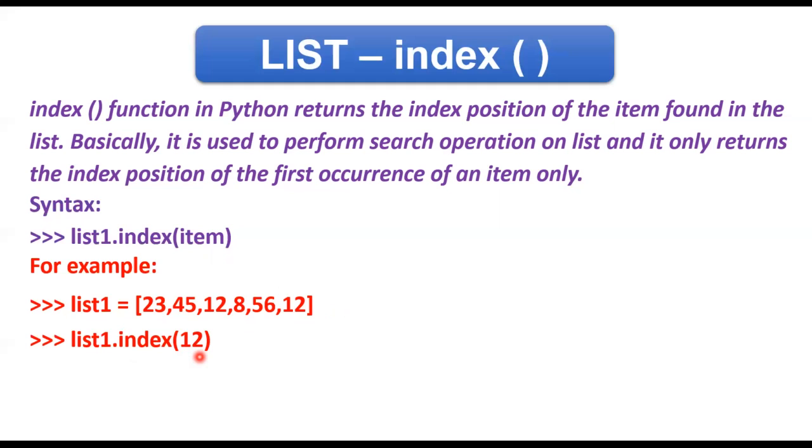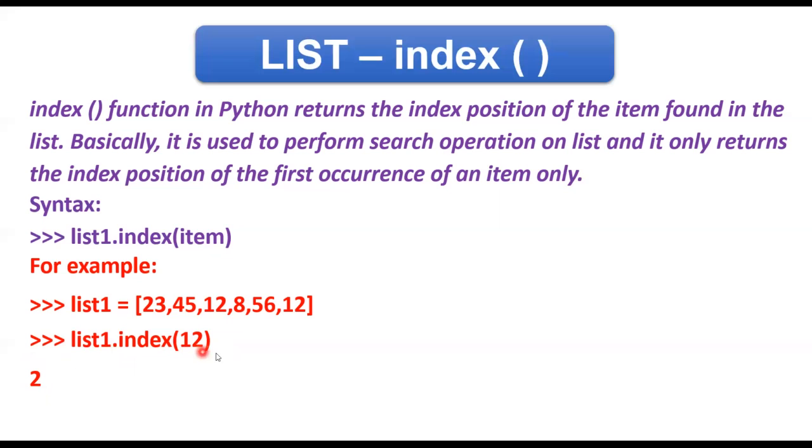So I'm going to perform the search operation on my list on the basis of this 12 element. So I will get this particular result. That means I am getting the second index position where it is stored. My index method will not look for a second occurrence in the list for the same element. It will return me the first occurrence index position as a result.